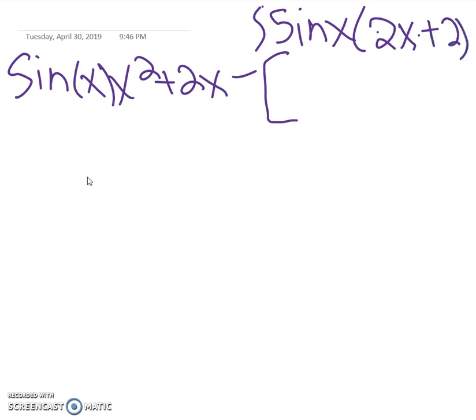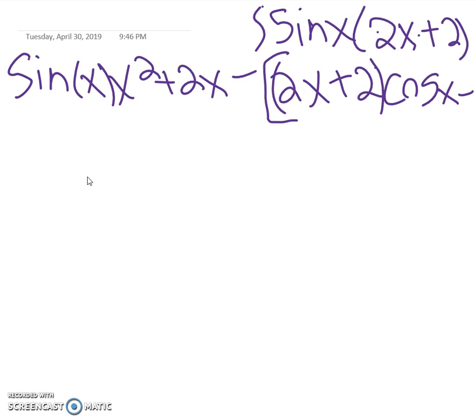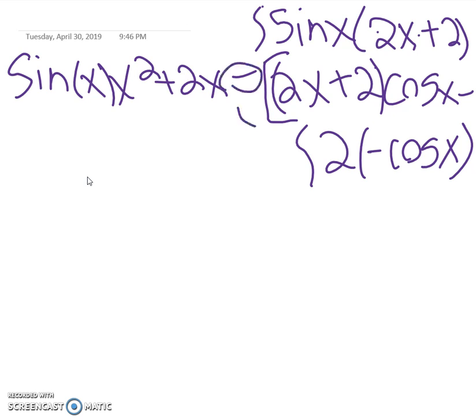But anyway, we're going to get 2x plus 2, if we do the uv minus integral of v du again, times cosine of x minus the integral of 2 times negative cosine of x. And it's always important when we do another integration by parts that we put parentheses around this, because this is going to be minus, and we're going to have to distribute some negatives here.